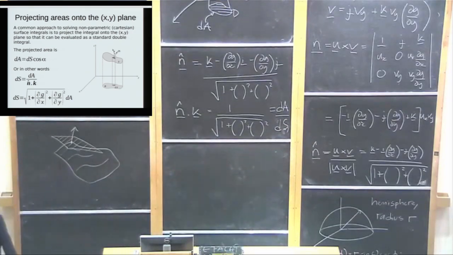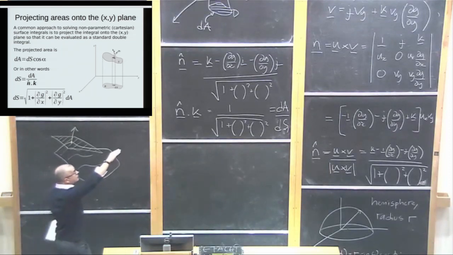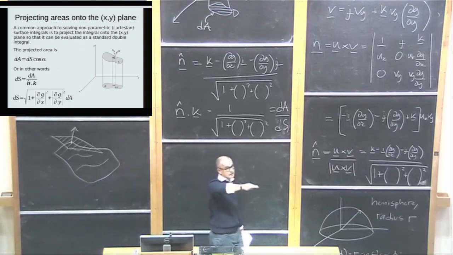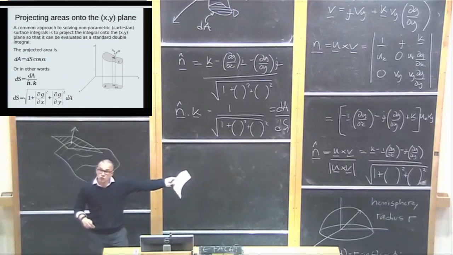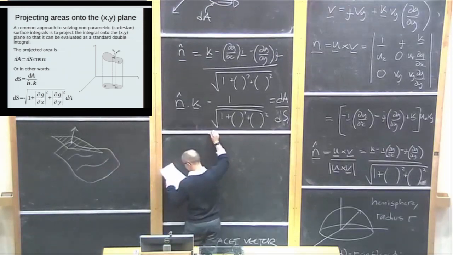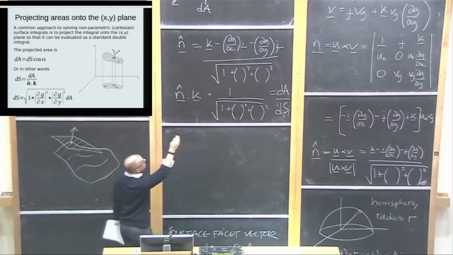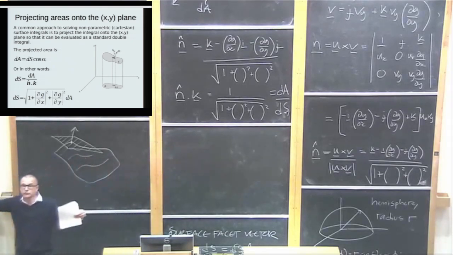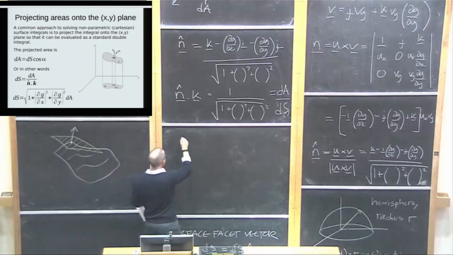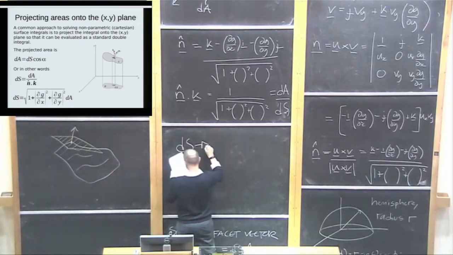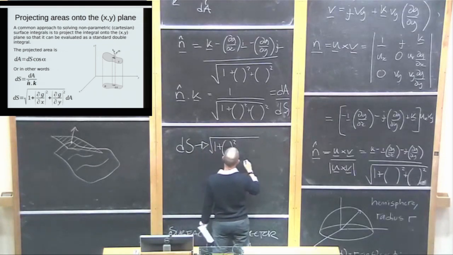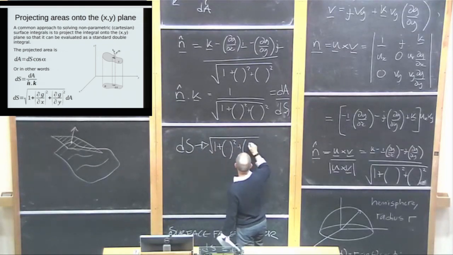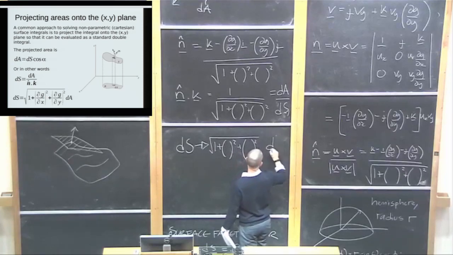So what that means is, and perhaps this is not such a surprise, our projection of our area from our surface down onto the xy plane is adjusted by a factor which is the same as the normalization of our normal to the surface at that point. So when we're rewriting our integral, which initially is always in terms of dS, we are taking dS and replacing it with this term, the square root of 1 plus (dg/dx) squared plus (dg/dy) squared, times dA.